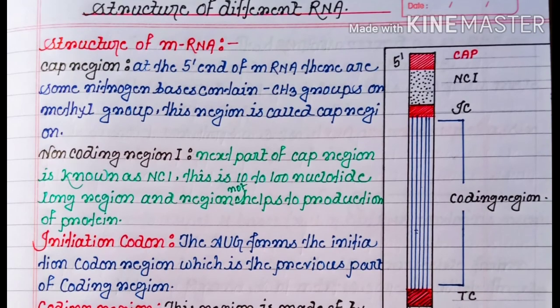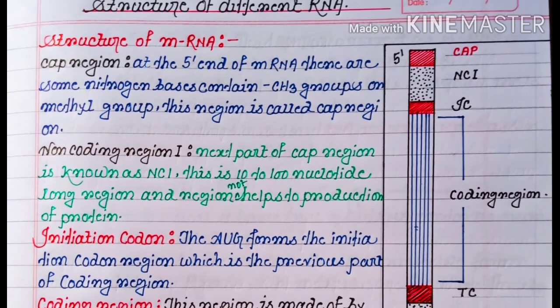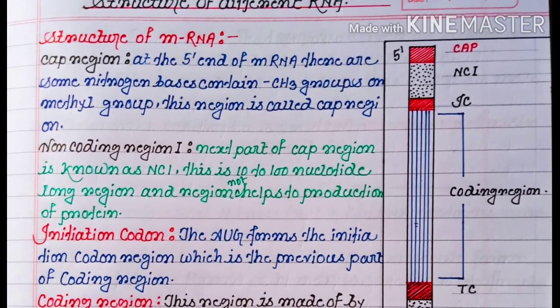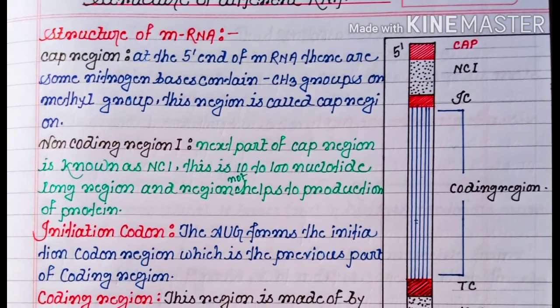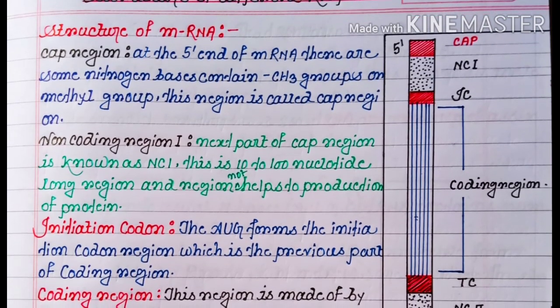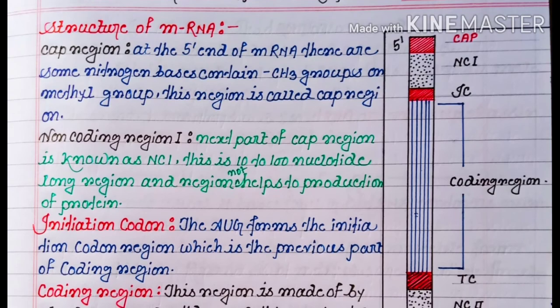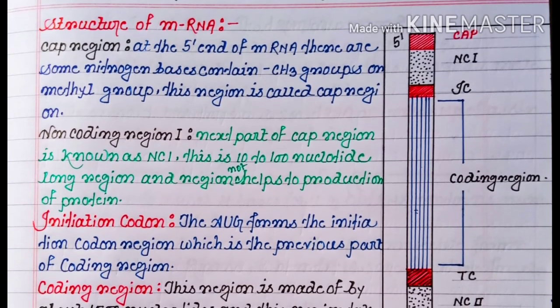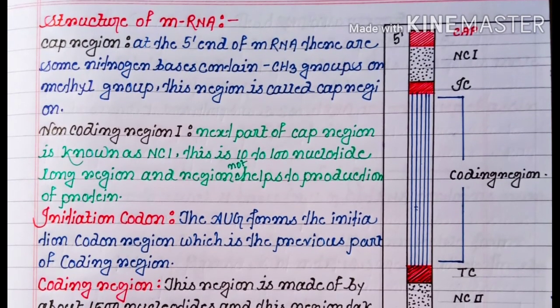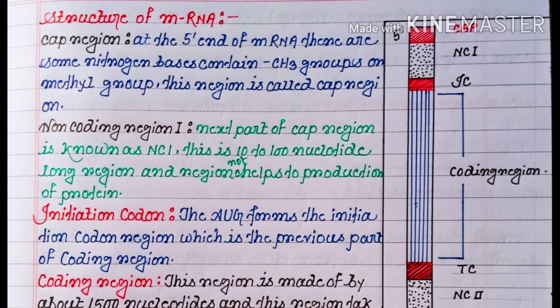Now look, the first point is the cap region. At the 5' end of mRNA, there are some nitrogen bases containing methyl groups. This region is called the cap region.